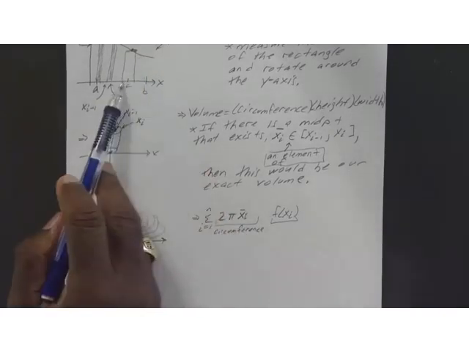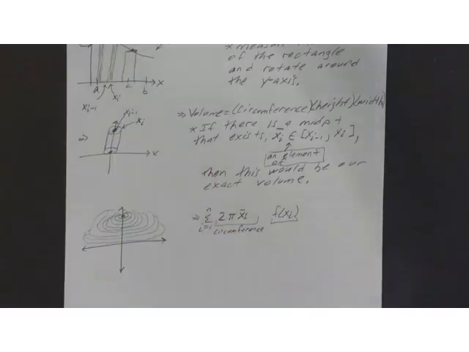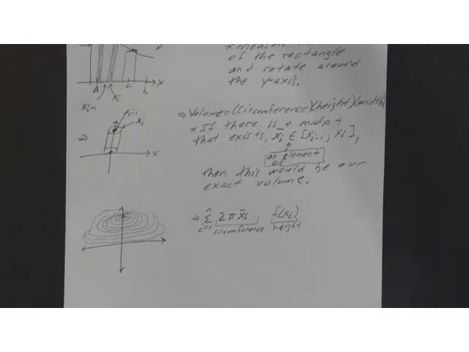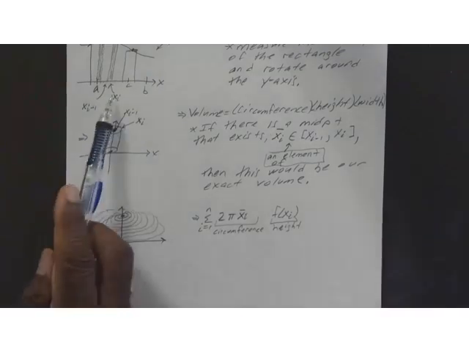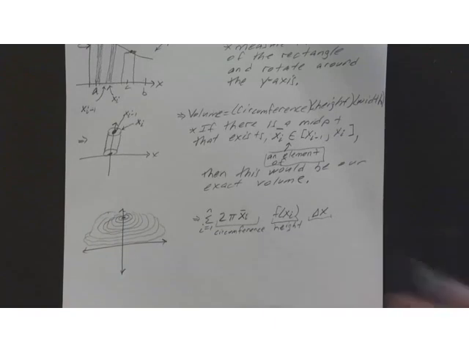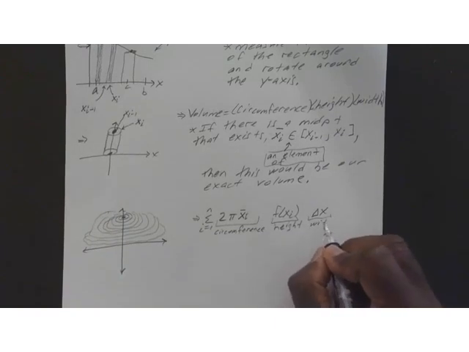That's our f of x at any particular point. And the width, that's your x sub i minus x sub i minus 1, which is your delta x, which is your width.